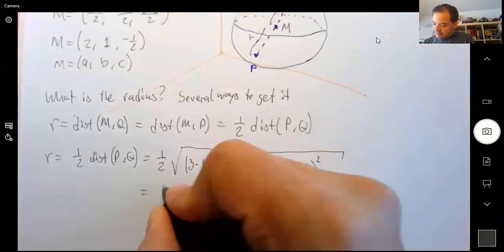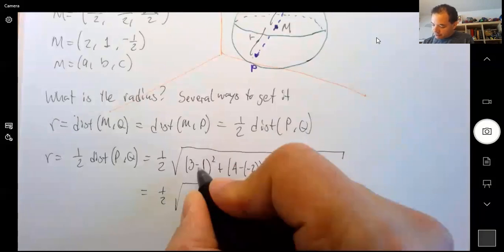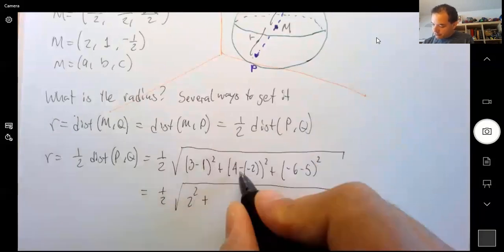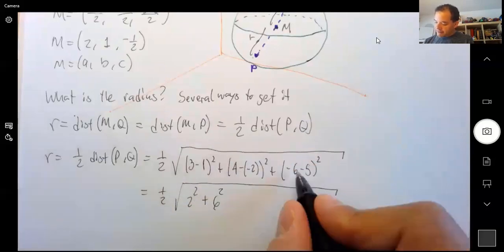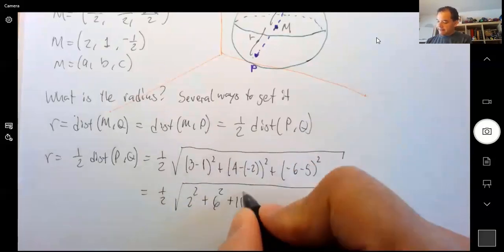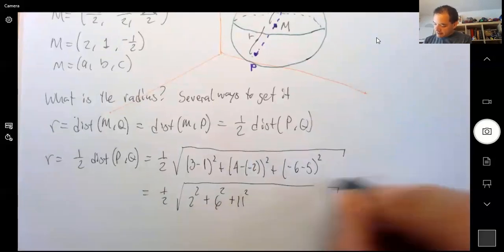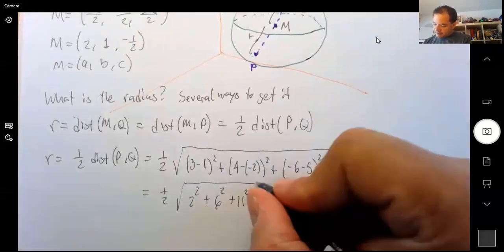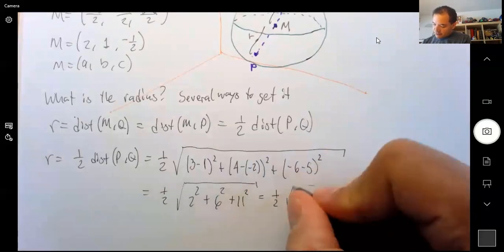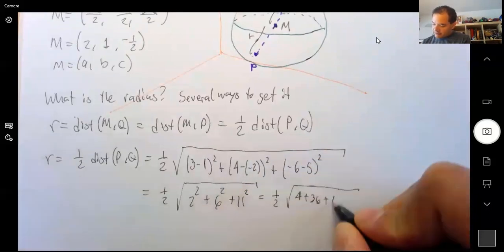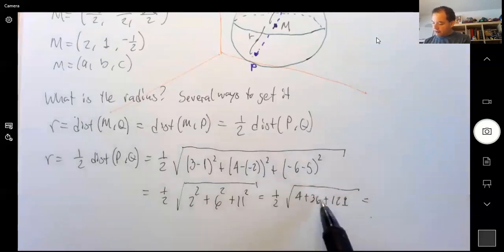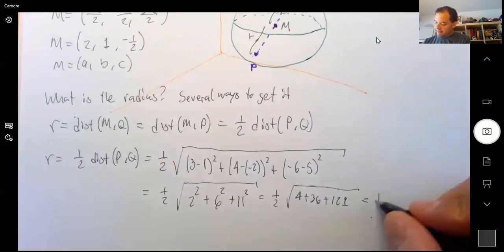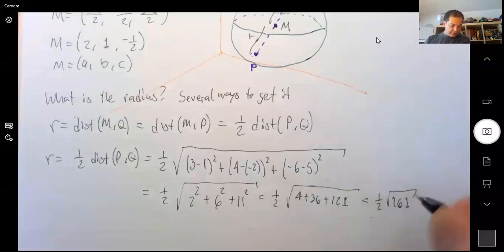Let's see what that is. 3 minus 1, that's 2, 2 squared. 4 plus 2, that's 6, 6 squared, and that's negative 11, so that's 11 squared. So this is 4, 36, and 121. So that's 40. 40 plus 121 is 161. I'm gonna leave it like that. Okay.